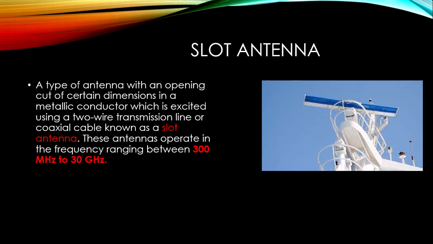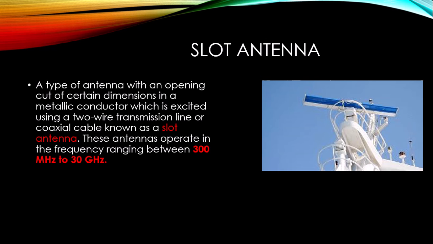It is generally formed by making an elongated slot cut of about half wavelength, with a width very much less than half length, in a metallic conductive sheet. The excitation to the slot is provided at the center or off the center.